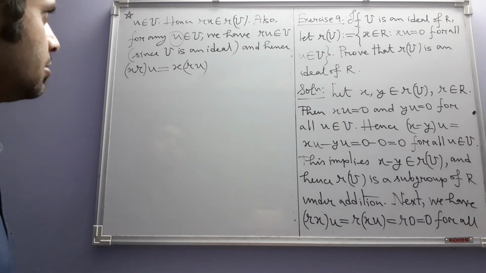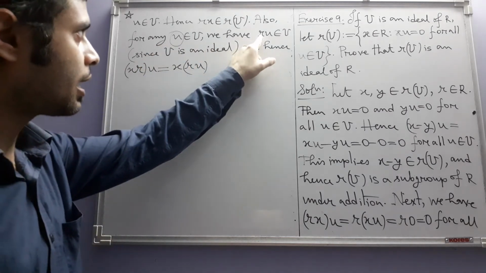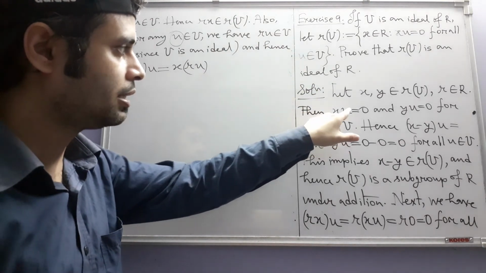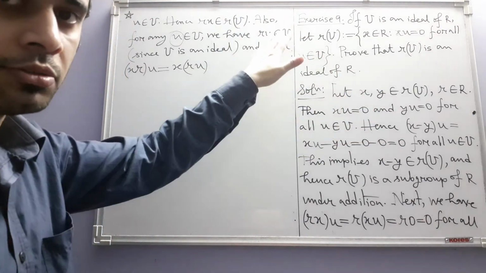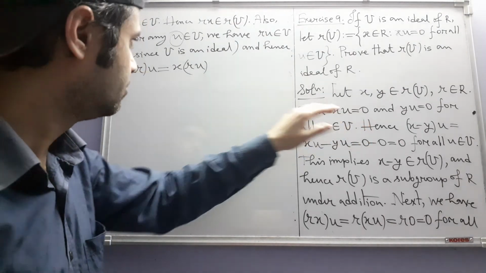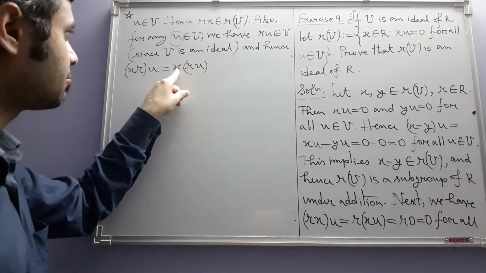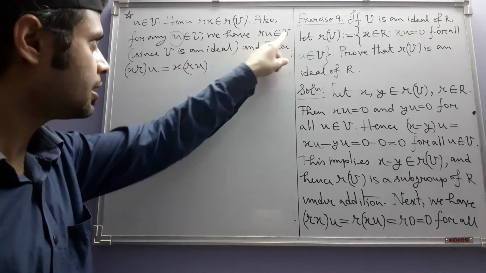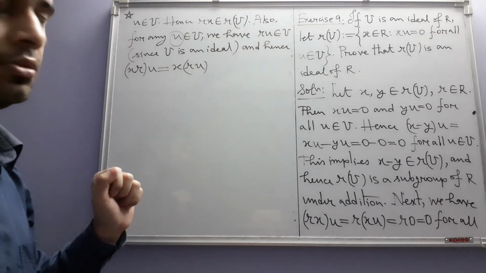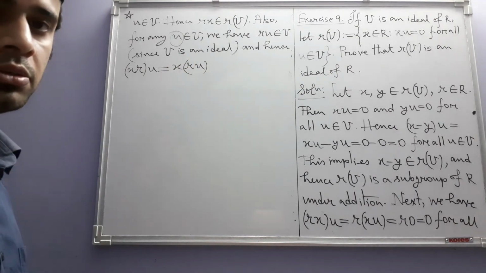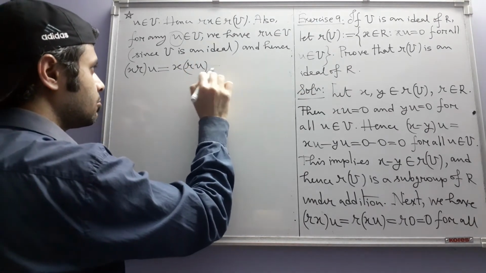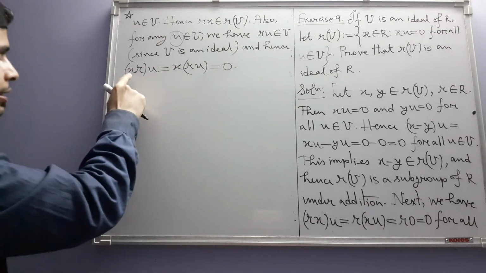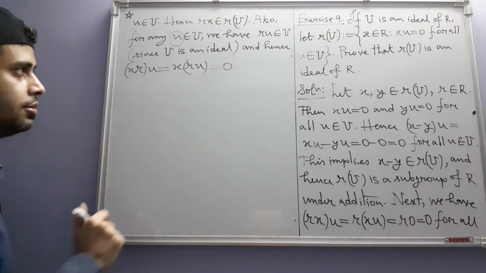Now note this, since ru belongs to U, and if I multiply x by any element of capital U from the right side, I get 0. So this also has to be equal to 0. And this tells me that xr also belongs to Ru.